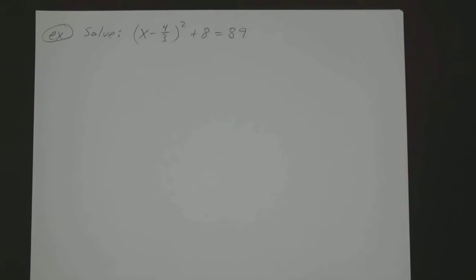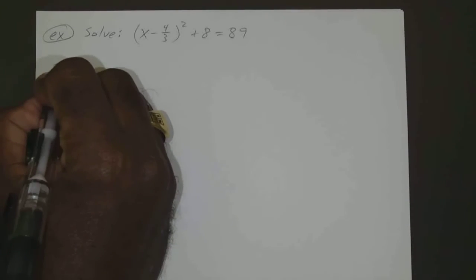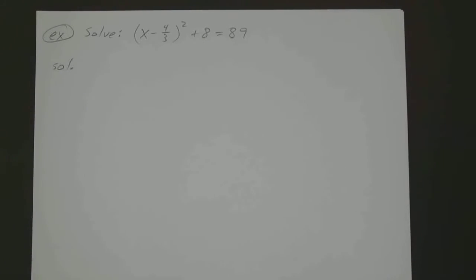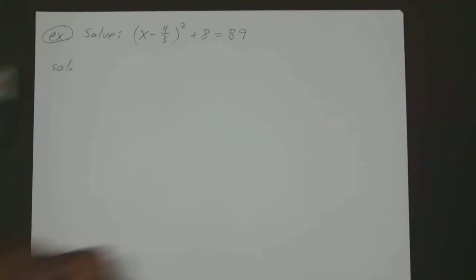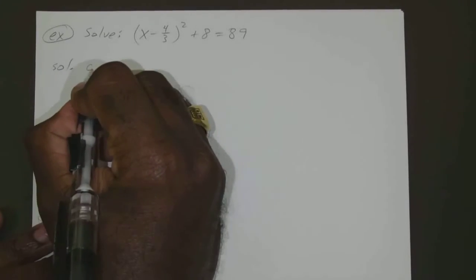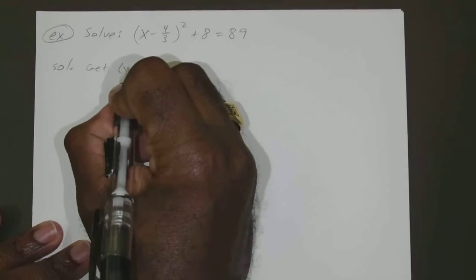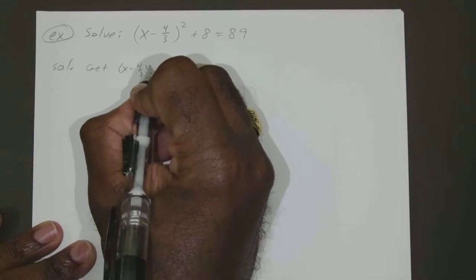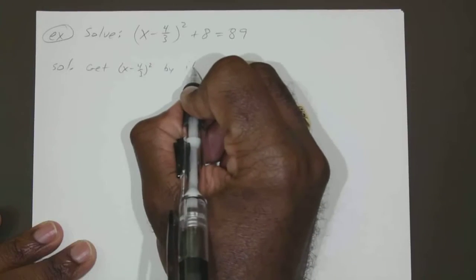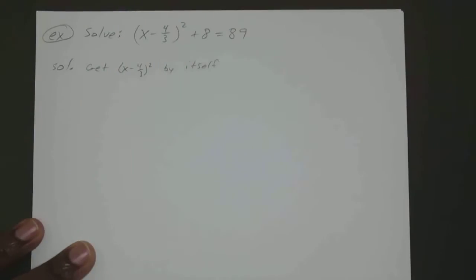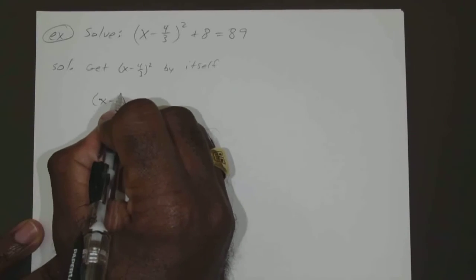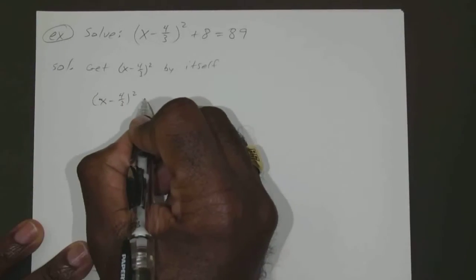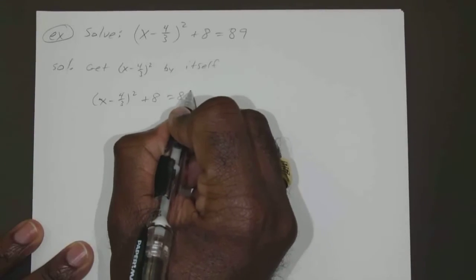So let's get started on this one. Okay. So in this case, you want to get the (x minus 4 over 3) squared by itself. Okay, so (x minus 4 over 3) squared plus 8 equals 89.